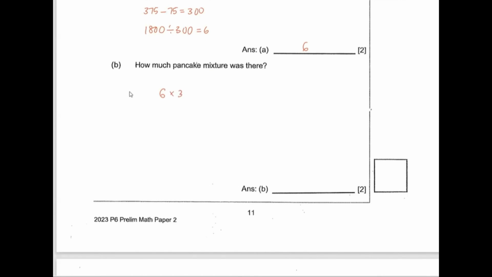So 6 times 375 for 6 big bottles. This will be 2250. Then the total pancake mixture will be twice of that: 4500 ml.